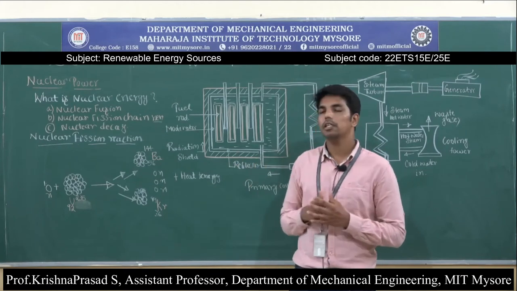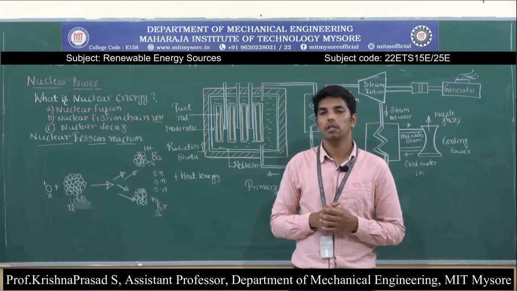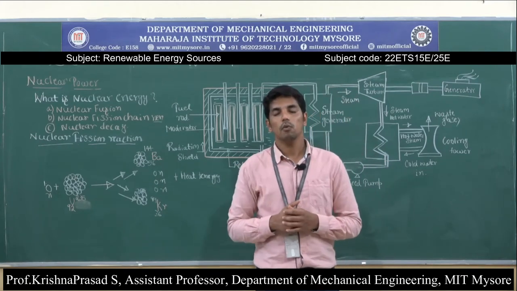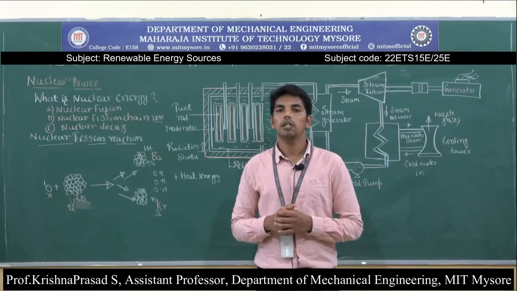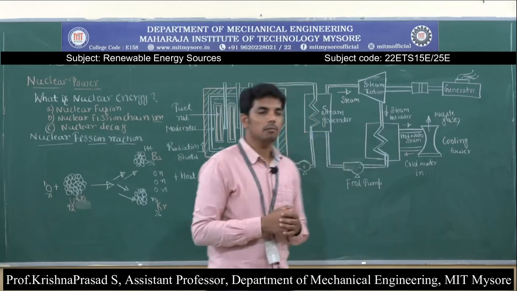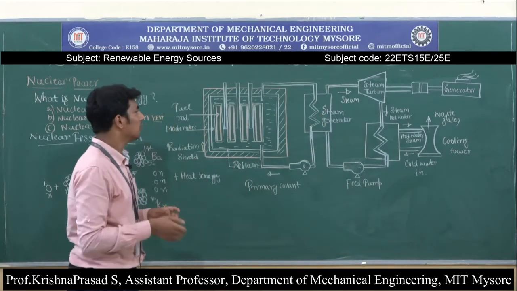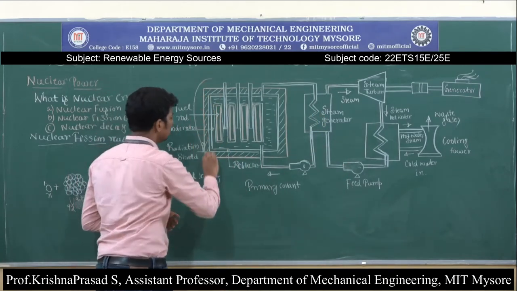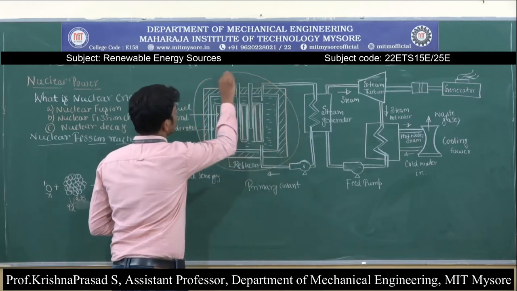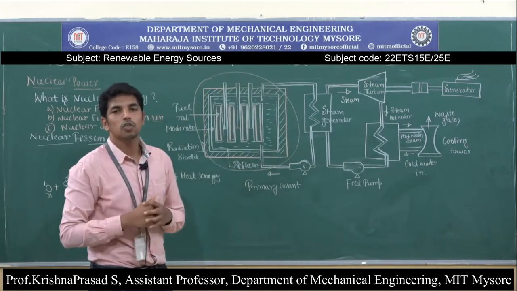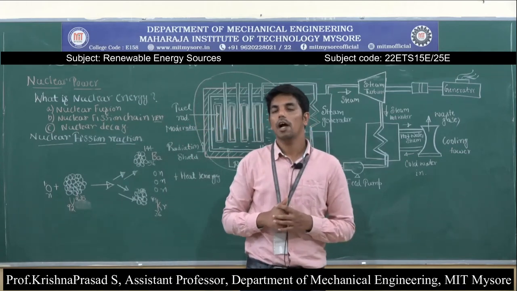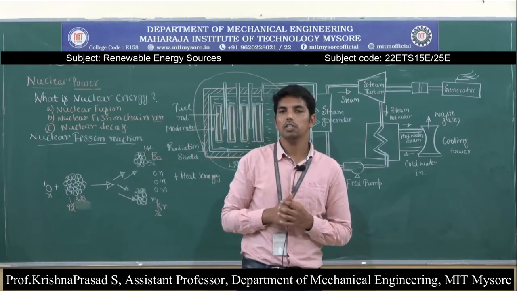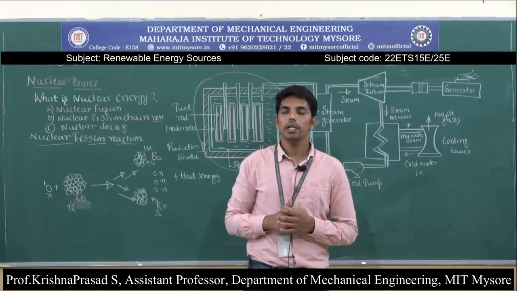Then what is meant by the nuclear fission chain reaction? In order to understand it, we need to understand the working of the nuclear breeder reactor. So generally, for nuclear power generation we use the uranium atom.